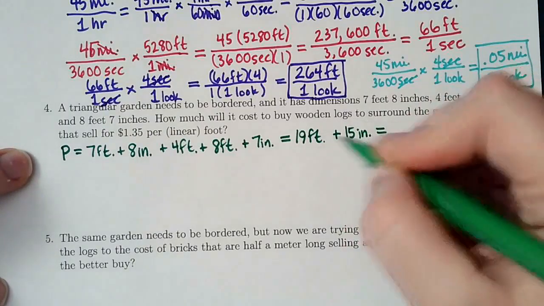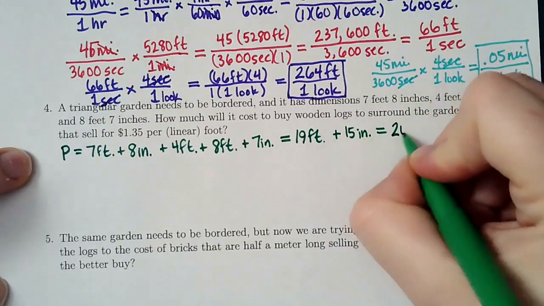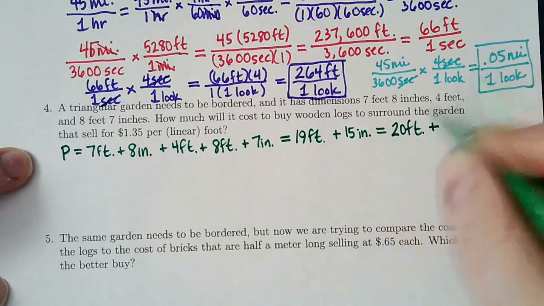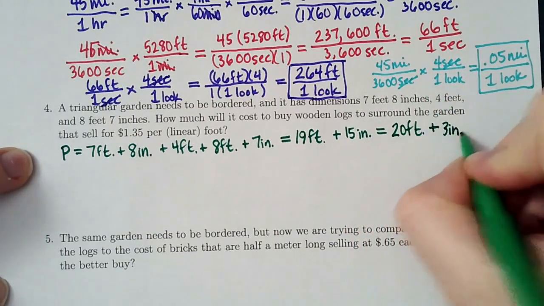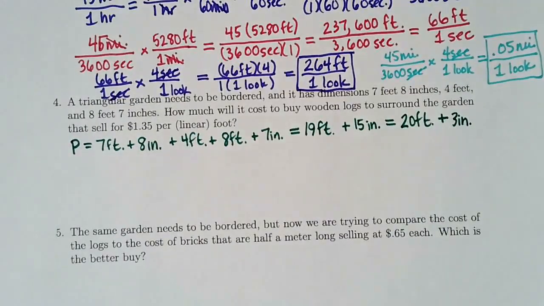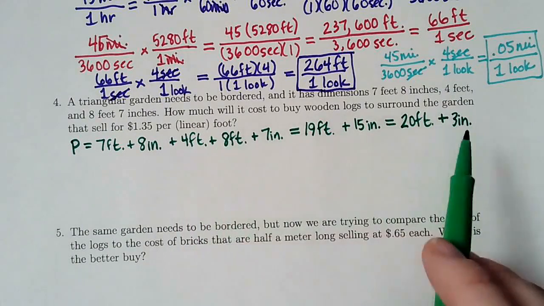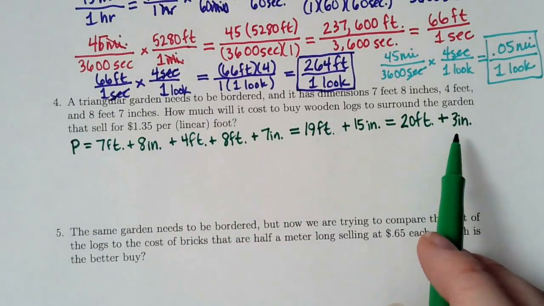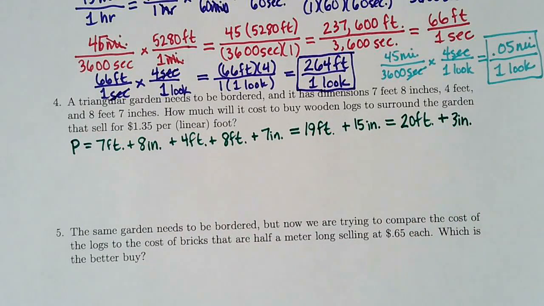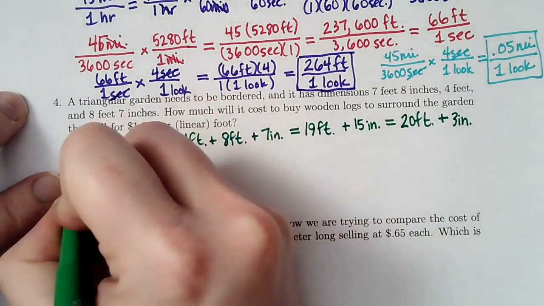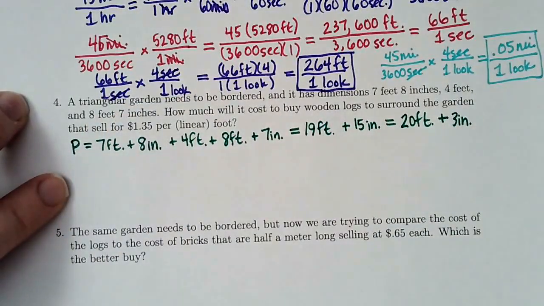So it takes 12 inches to make 1 foot. So now I see 20 feet and 3 inches. And we want linear feet, so I need that converted into feet. Okay. So 3 inches, convert that into feet. I'm on it.